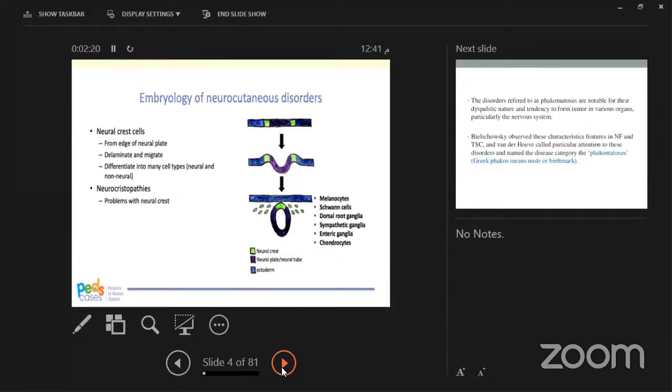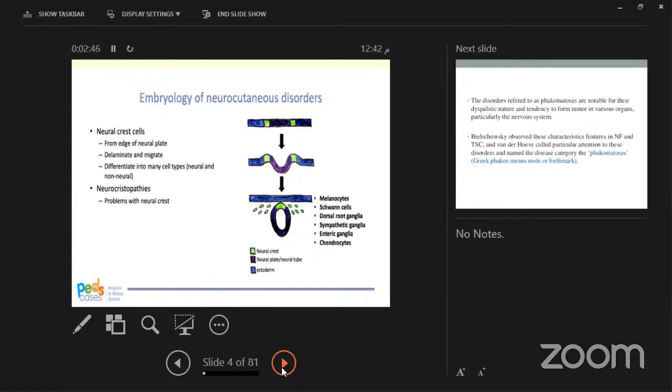From these common features, we note that patients with neurocutaneous syndrome need multidisciplinary follow-up and management by a dermatologist, neurologist, and also an ophthalmologist and radiologist.